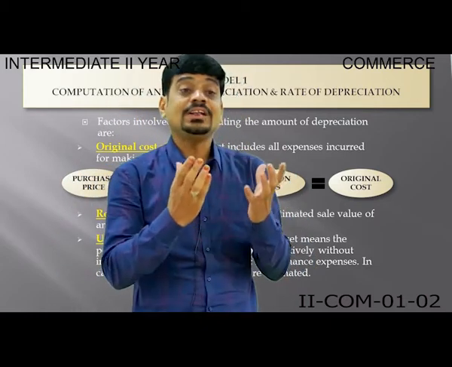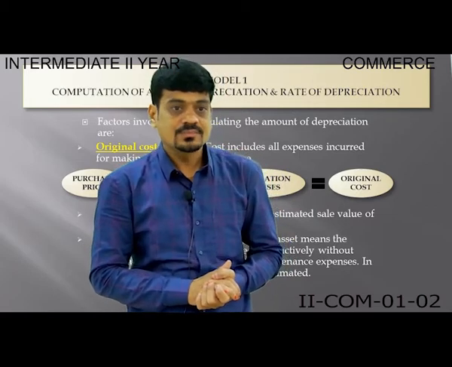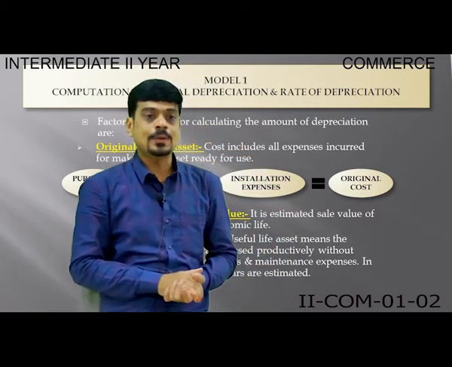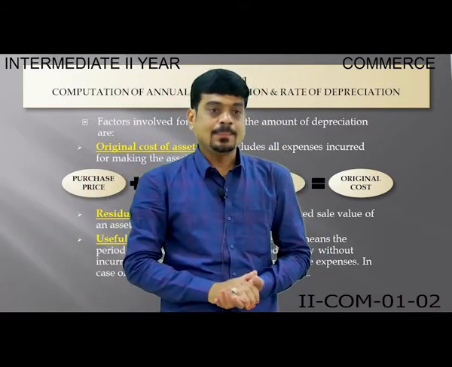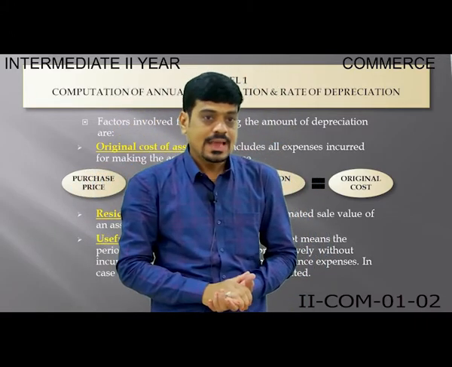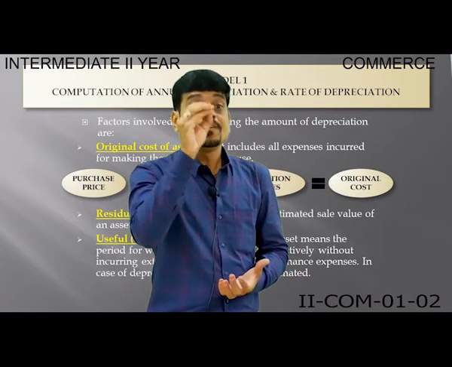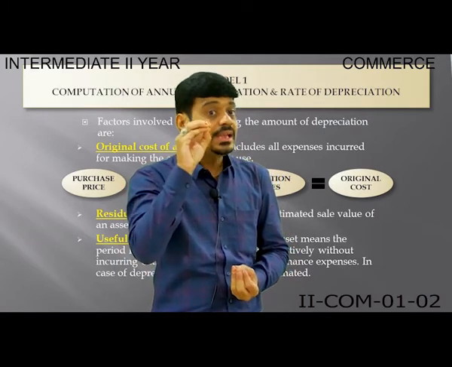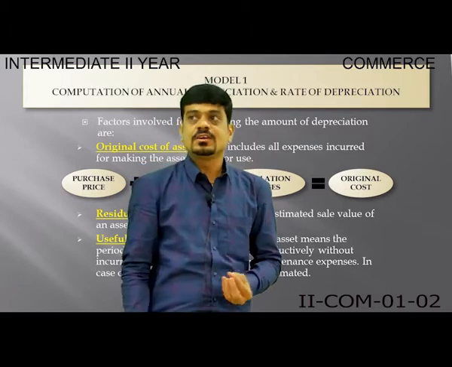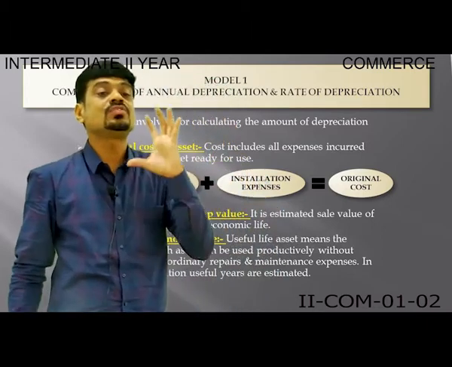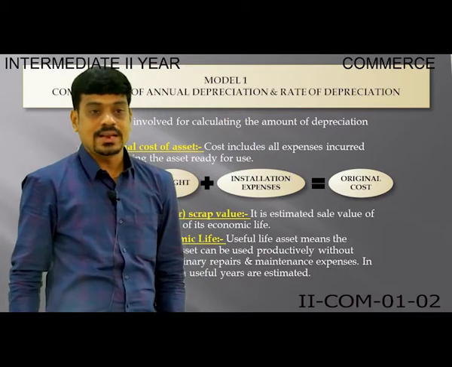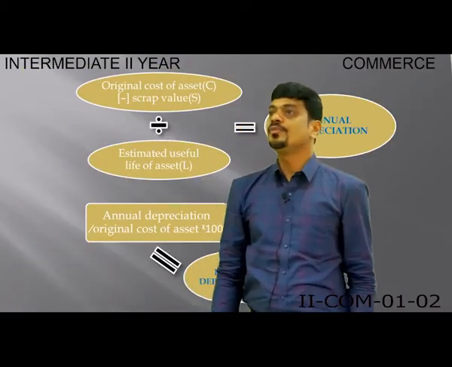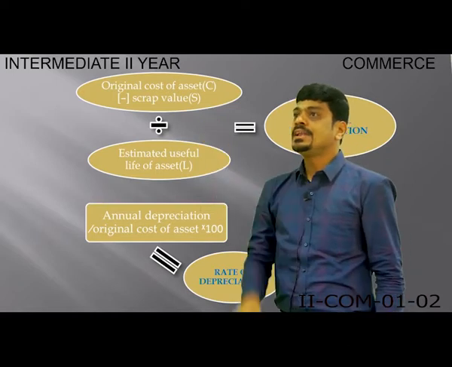What is the guarantee or warranty? The shopkeeper says, sir, for 5 years nothing will happen; after 5 years, there is no guarantee. Like that, the number of years we are going to use the asset without incurring any expense or repairs is called the useful life or economic life. The estimated life of the asset will give you annual depreciation.